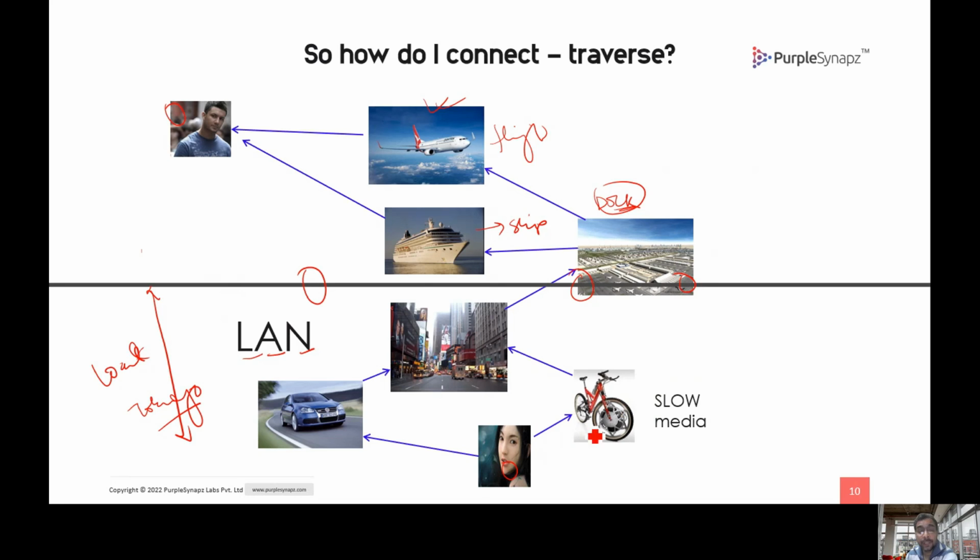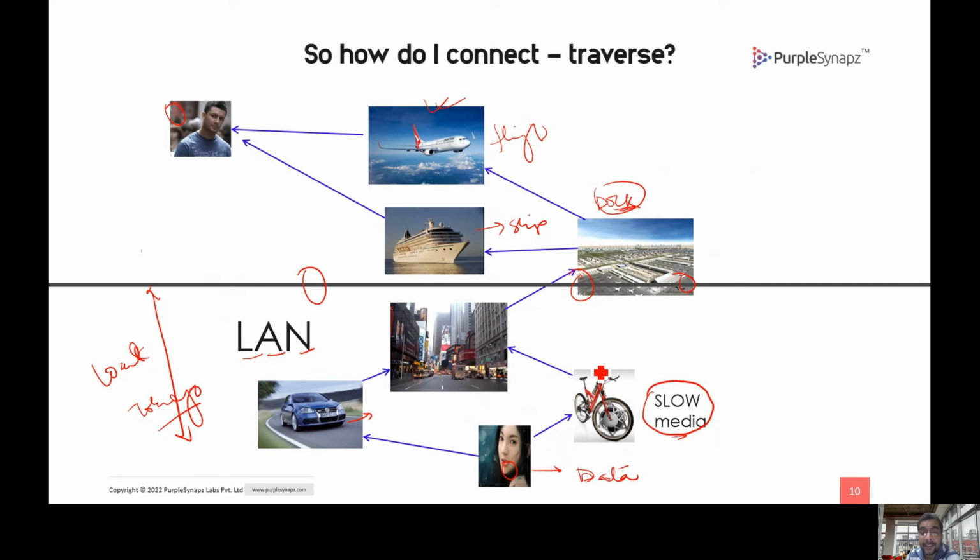Now, these are the different media for her. She actually is the data herself. She is the data. Now this data has an option of going through a slow media or going through a faster media. Okay, there are different media, right?